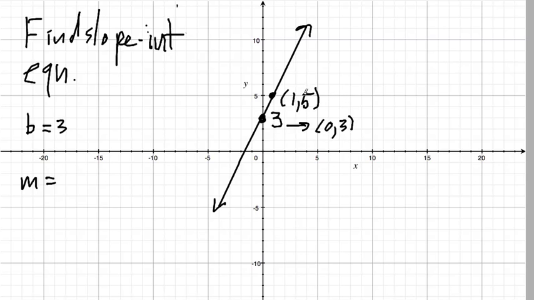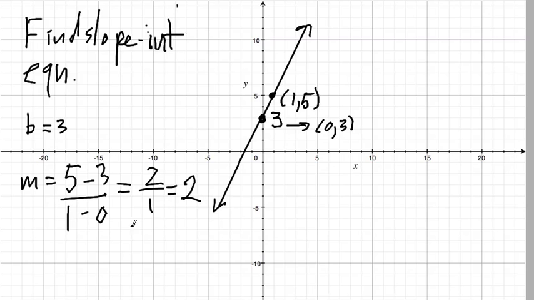So our slope will be y2 minus y1, 5 minus 3, divided by x2 minus x1, which is 1 minus 0. It's 2 divided by 1. Anything divided by 1 is itself. So that's the slope, and the equation for this line is y is equal to 2x plus 3 because it's mx plus b. Fantastic. We started with the line, we found the slope and the intercept, and we got an equation for it.